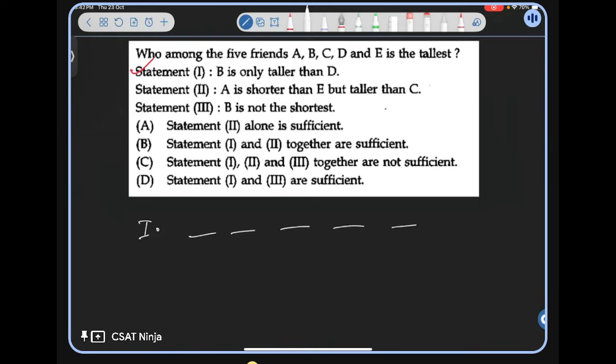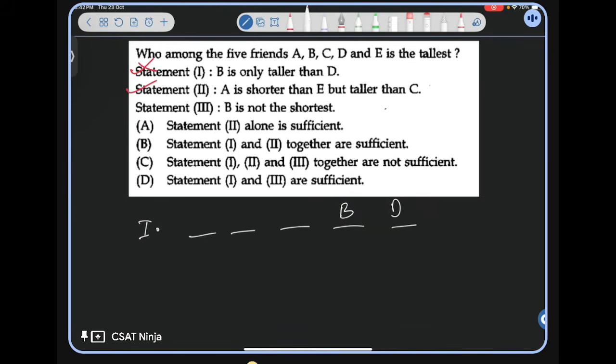B is only taller than D, which means B is the second shortest here, because after B there is only D, who is shorter than B. So using statement number 1, can I say who's the tallest? No, right? So statement number 1 is not sufficient.